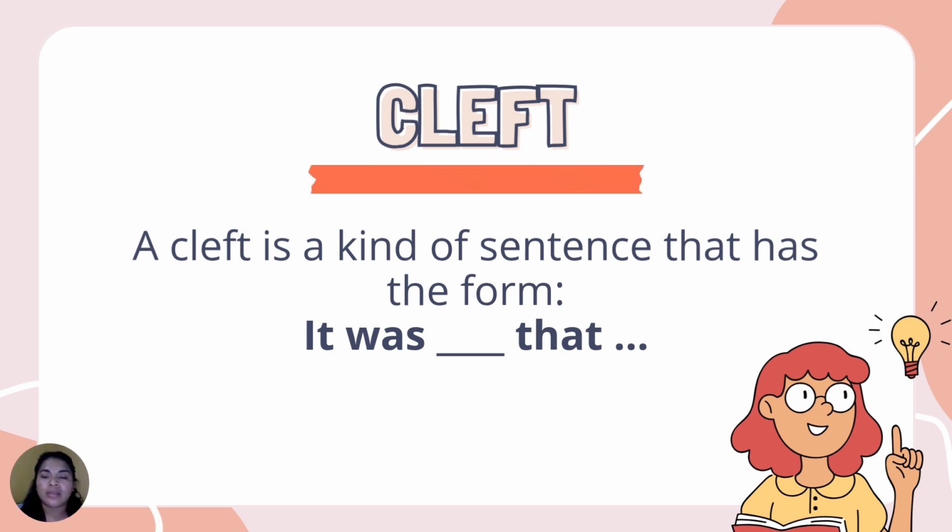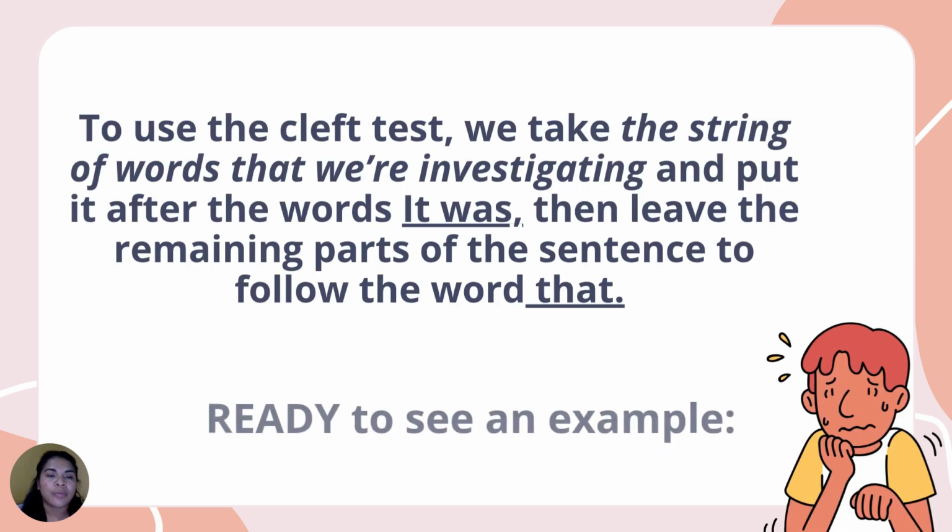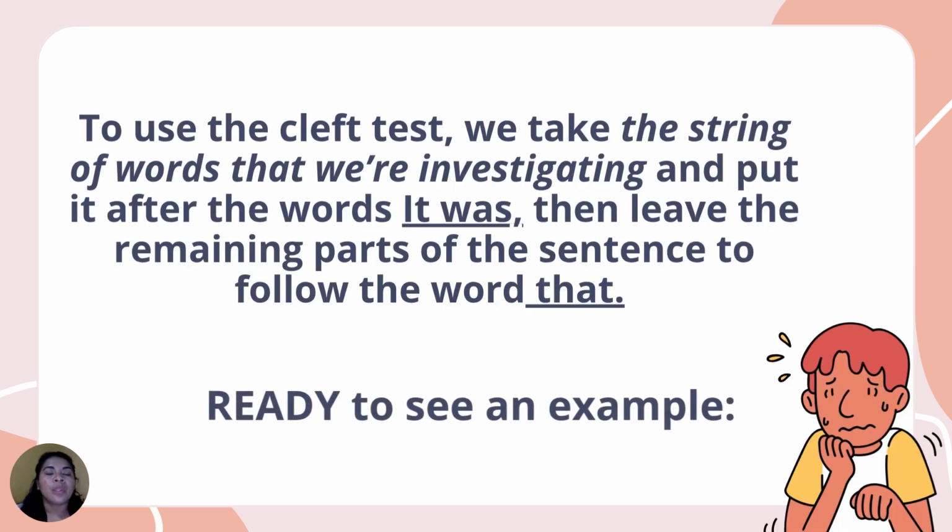In other words, to use the cleft test, we take the string of words that is the constituent we are investigating and put it after the words "it was." Then we leave the remaining parts of the sentence to follow the word "that."